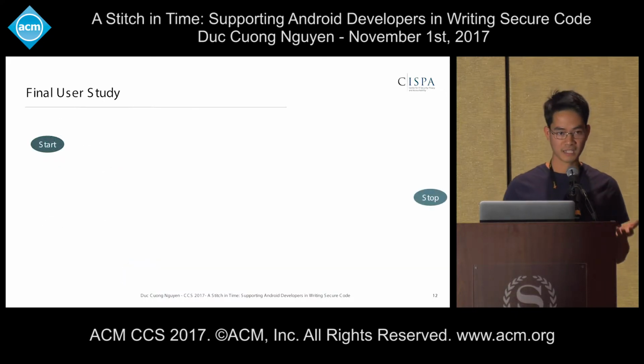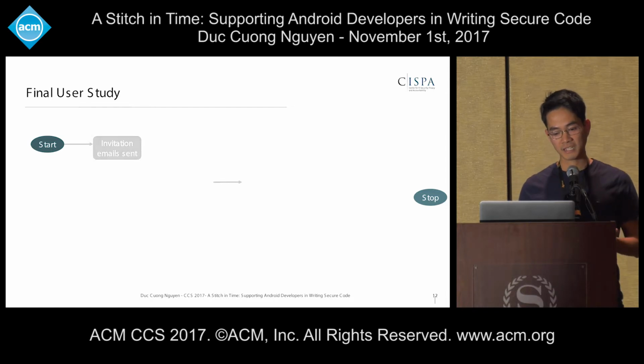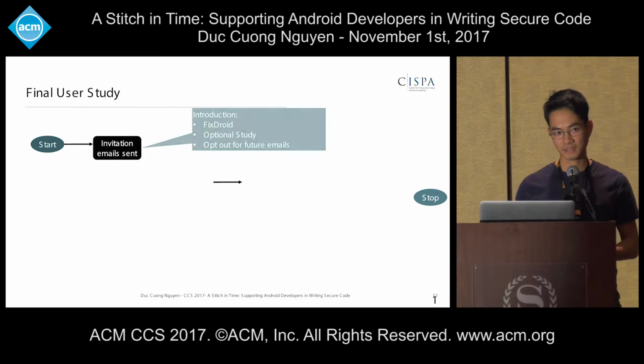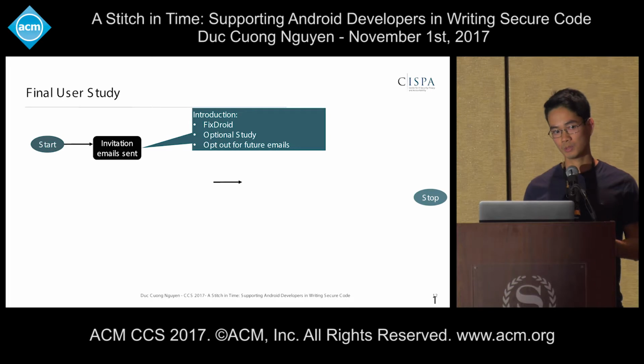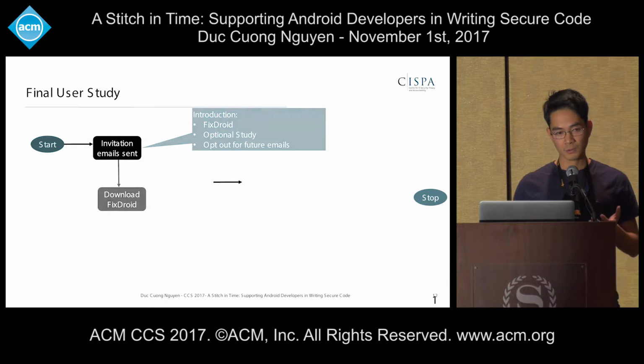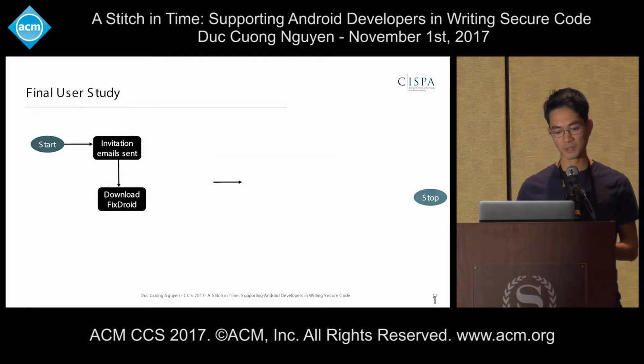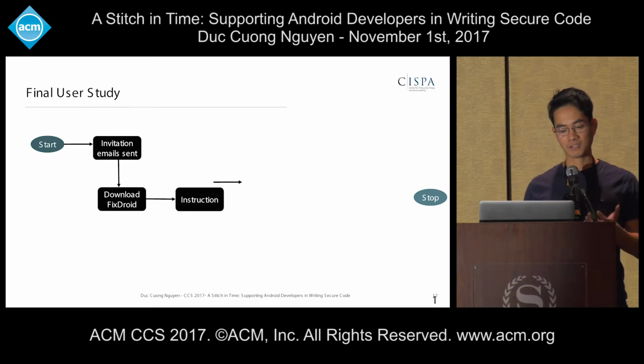So first, we send an invitation email explaining the study. They are provided the option to not join the study and just use FixRoid, or the option to stop receiving emails from us in the future. Once they decide to download and install FixRoid, we show them instructions about the study.